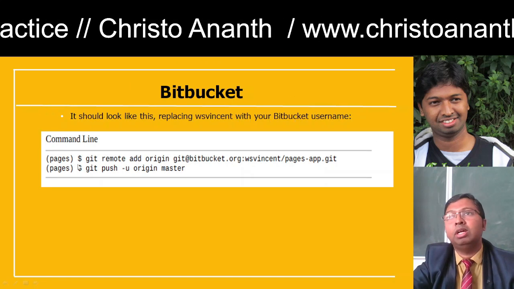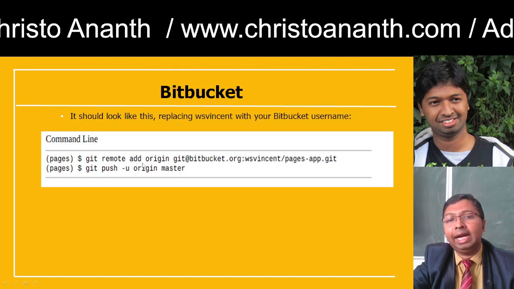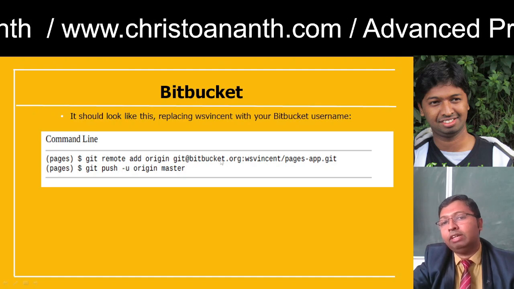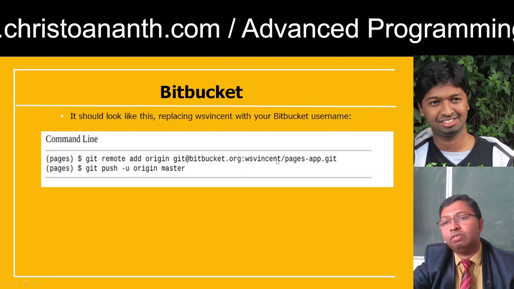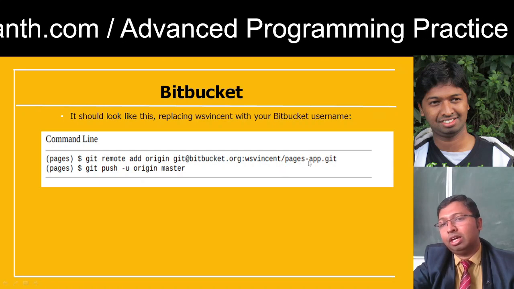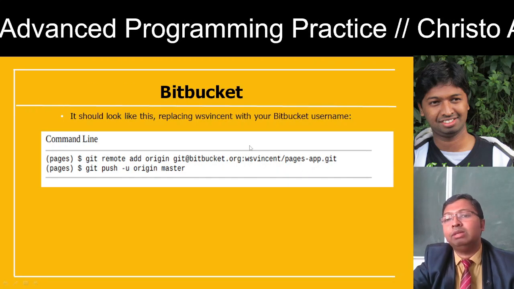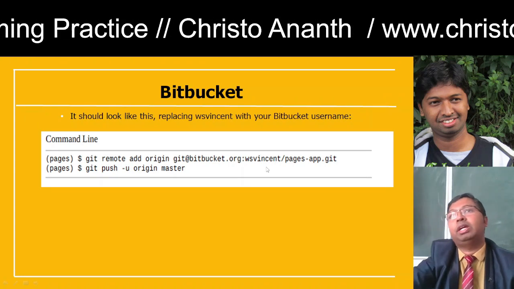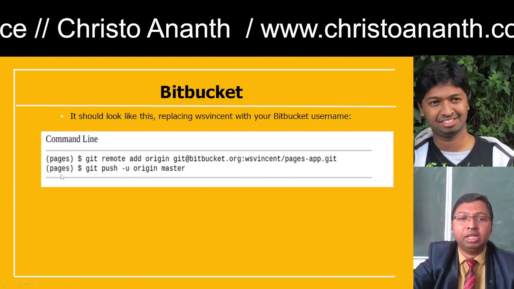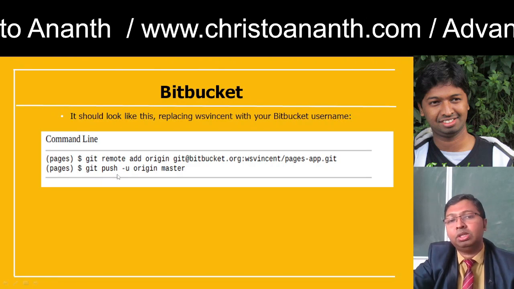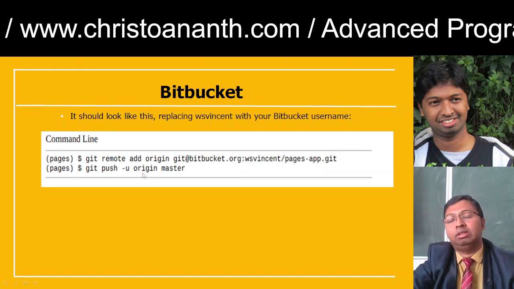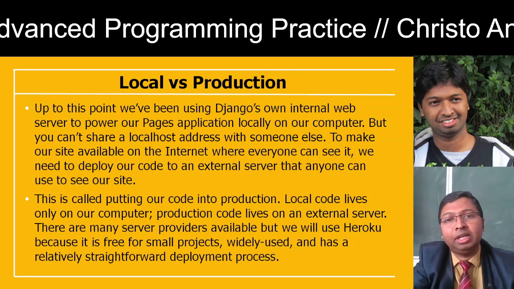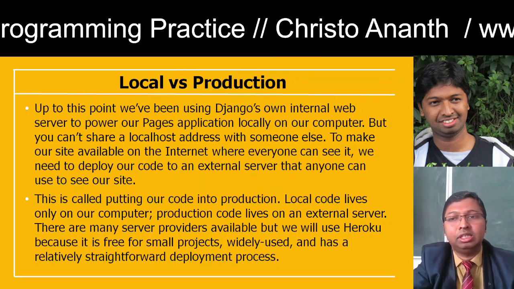So pages app $ git remote add origin git@bitbucket.org:ws/pages-app.git. So this is nothing but the name you are going to have. You can have your own Bitbucket username. Then within the pages app $ git push -u origin master. So here we are going to compare the local as well as production servers as well.